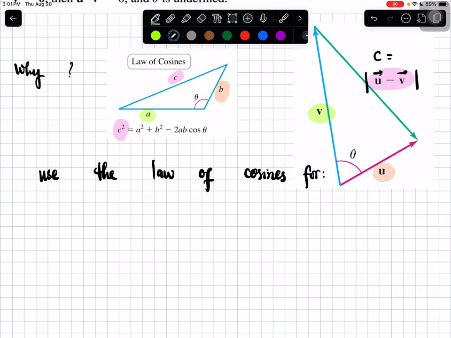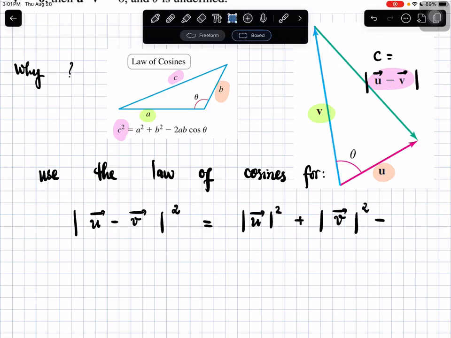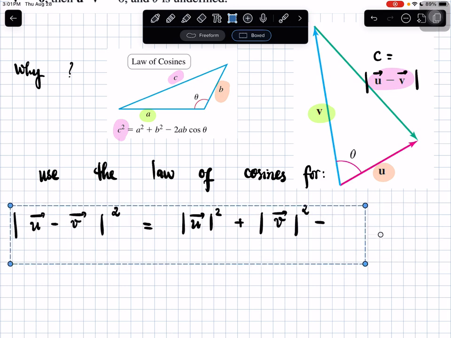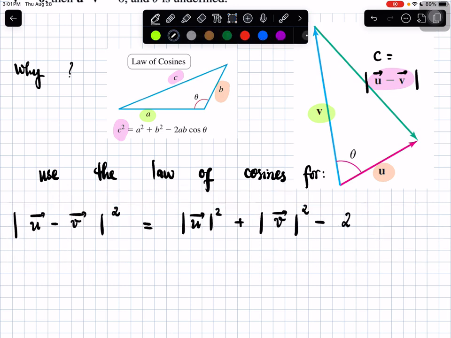So we have the length of u minus v squared equal to the length of u squared plus the length of v squared minus 2 times the length of u, the length of v, and the cosine of the angle between them, cosine theta.